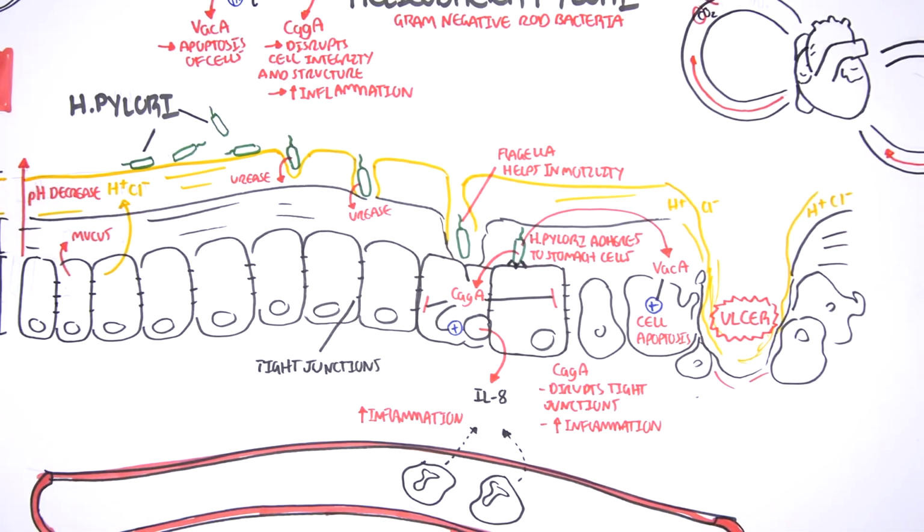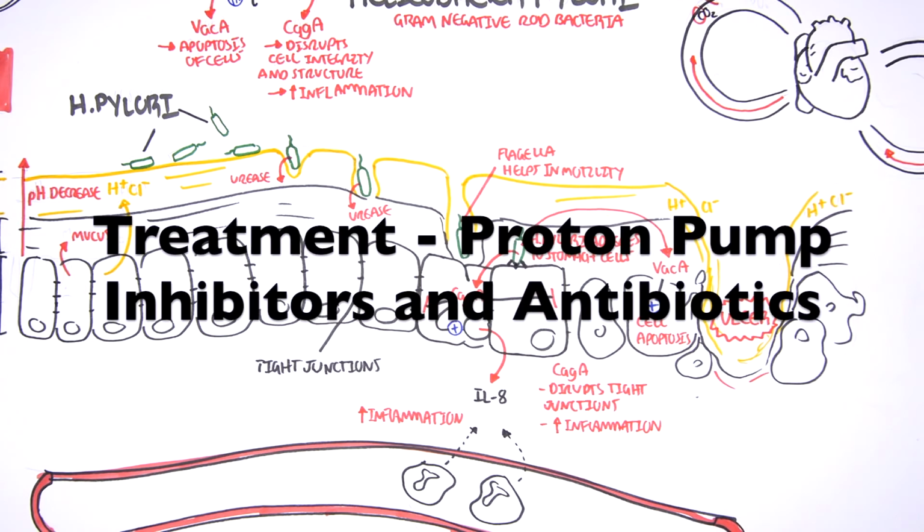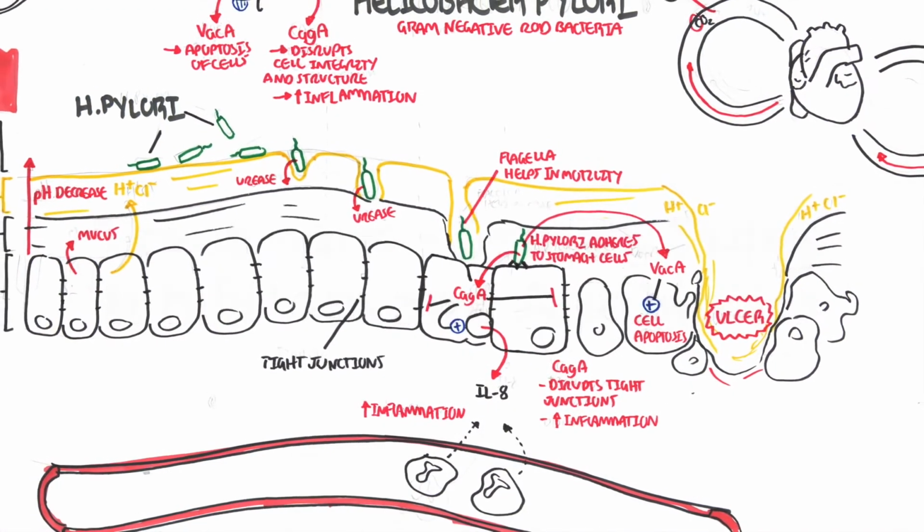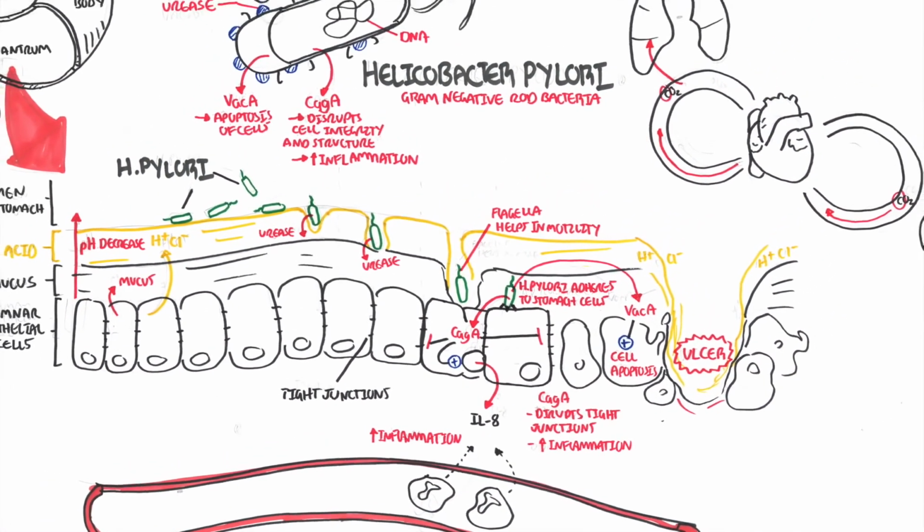Other ways to diagnose an H. pylori infection include a stool sample test. Now, to treat H. pylori infections, you usually use proton pump inhibitors to prevent hypersecretion of hydrochloric acid, and you also use antibiotics to target the Helicobacter pylori.